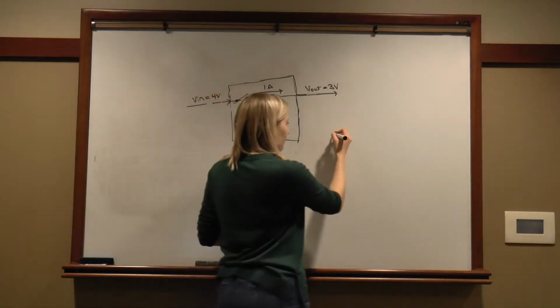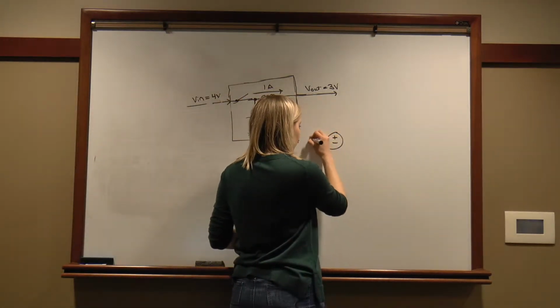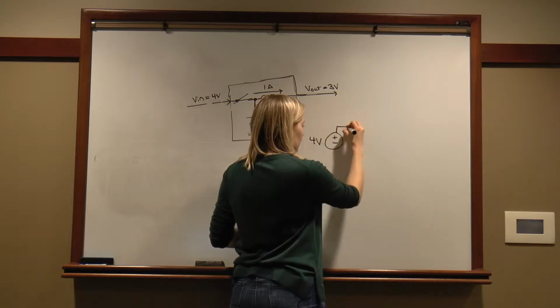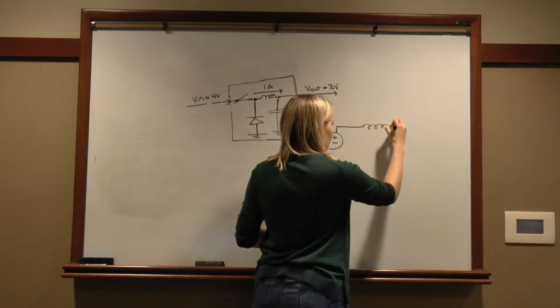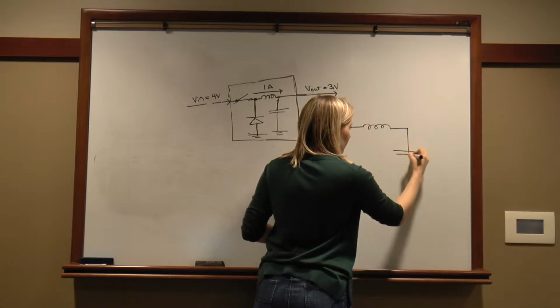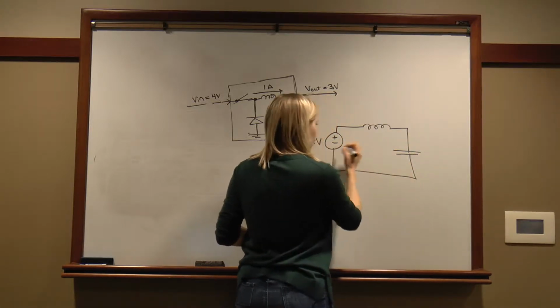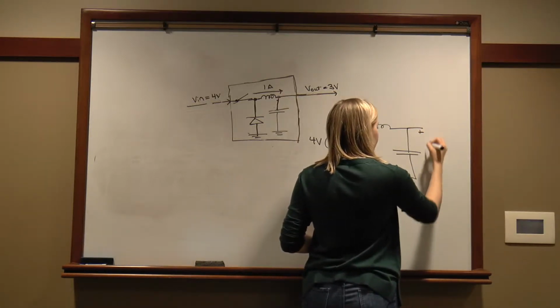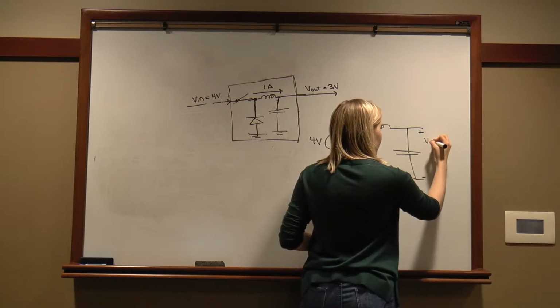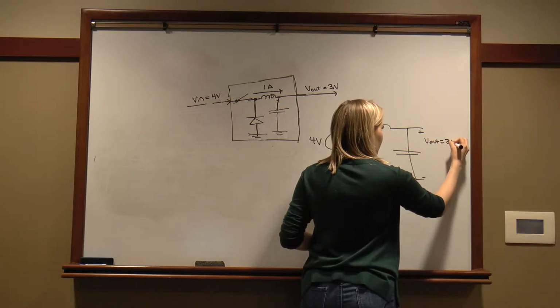We'll draw it over here. 4 volts DC. We have an inductor. We have our output capacitor, and we have our V out equals 3 volts.